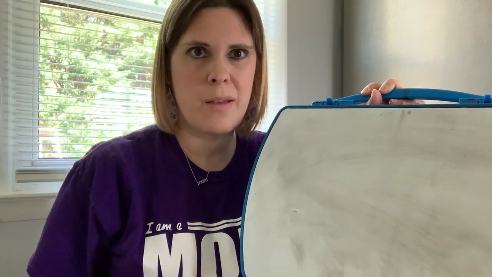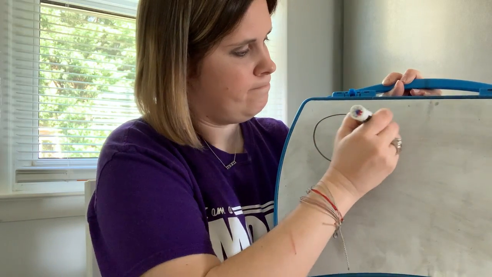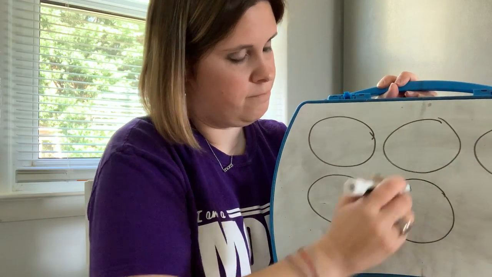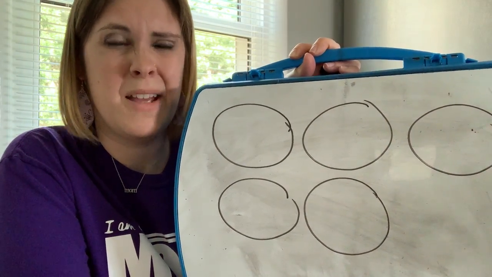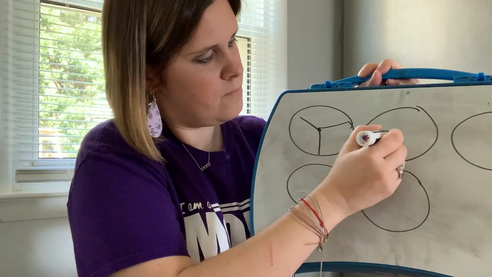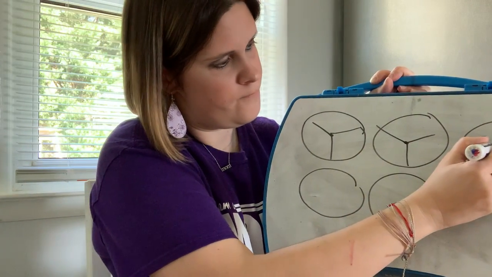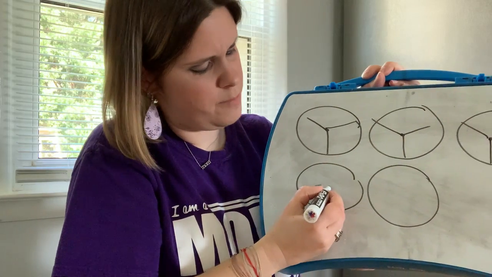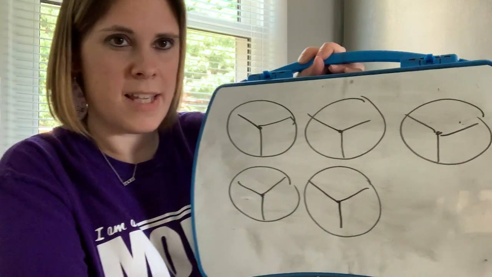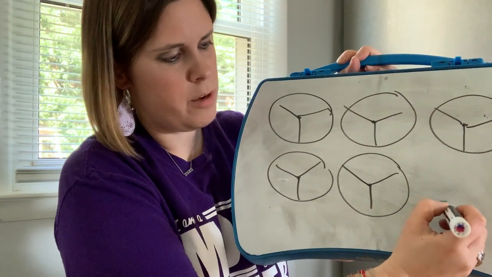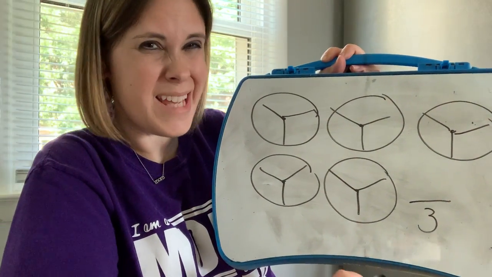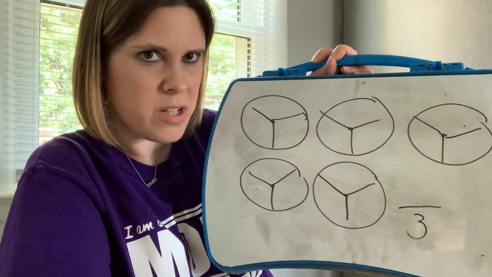Okay, let's go back to pizzas. Three whole pizzas. Maybe not the large ones, maybe small ones. I'm going to split each one into thirds. Not very good thirds, but that's kind of hard when you're using it like this, but you get the idea. Okay, so each one is split into thirds. So I know my fraction is going to be out of thirds because each one is split into thirds. So if I was to eat all of them, how many slices would I have eaten?